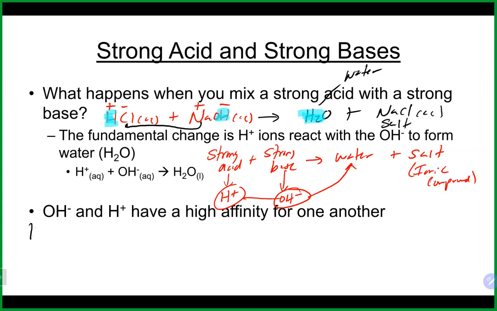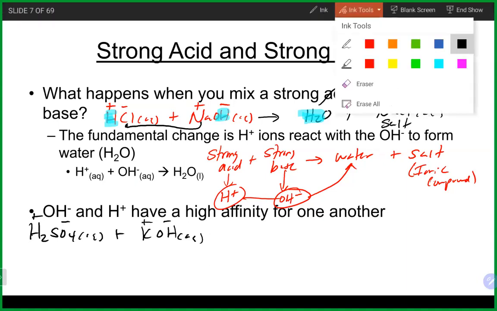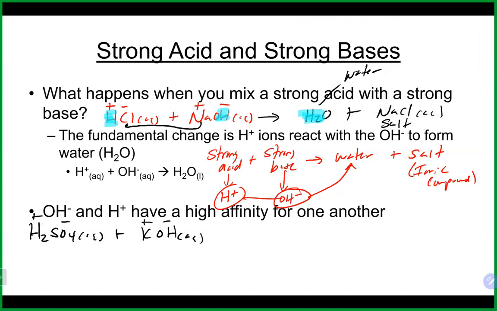So if I took some sulfuric acid and reacted it with potassium hydroxide, which once again is a strong acid, strong base combination, that's a positive, negative, positive, negative. So you should know that you do make salt and water. So what's a good way to do this? Well, frankly, just take the H from the acid, the OH from the base, and that is going to give you water.